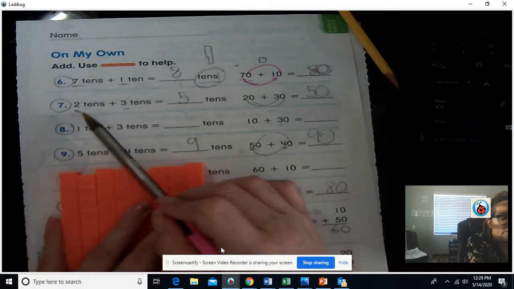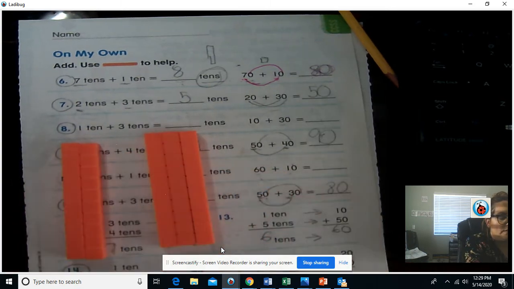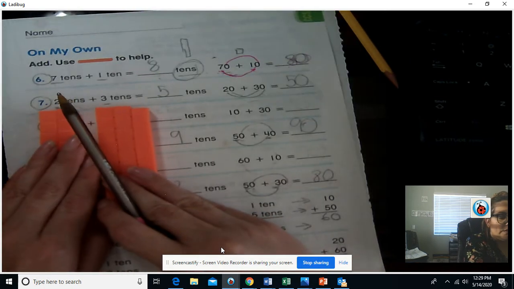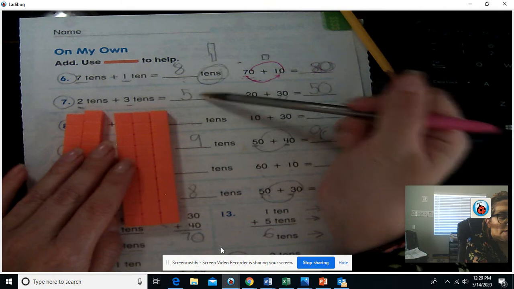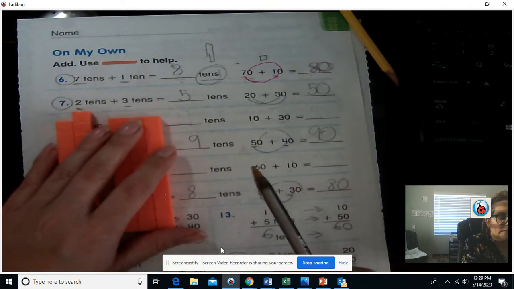Over here we have 2 tens plus 3 tens. 2 tens plus 3 tens makes 5 tens. 1, 2, 3, 4, 5. 5 tens.